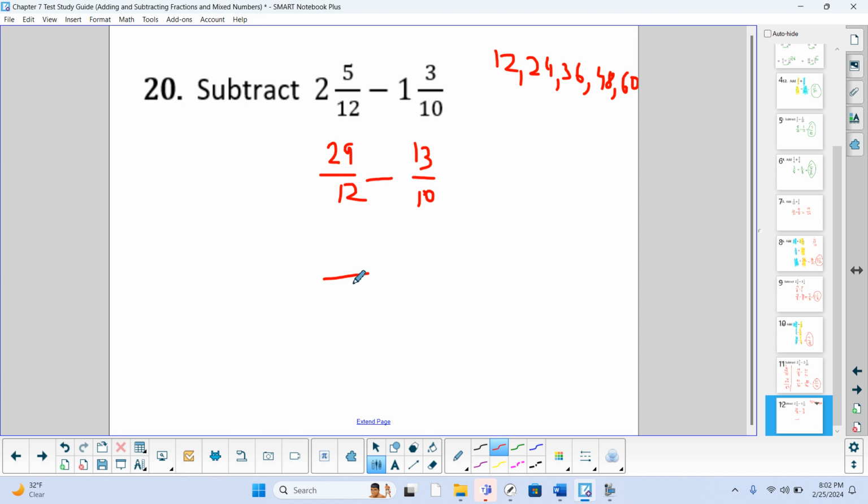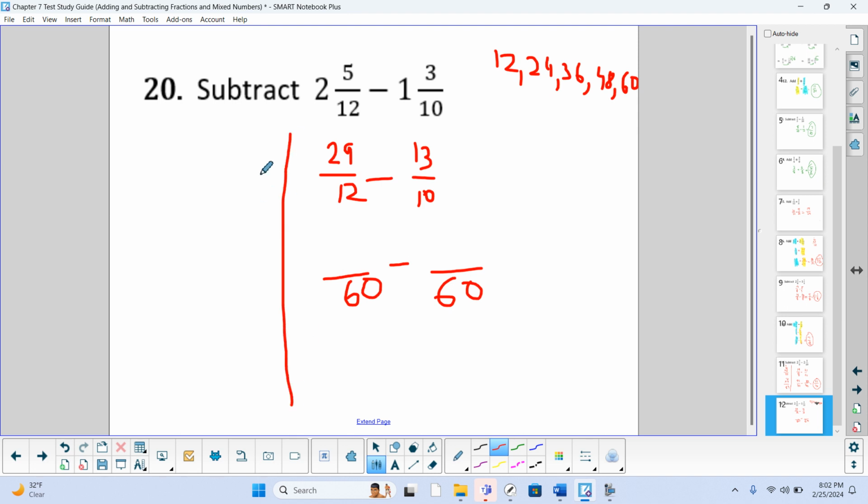So we have something over 60 minus something else over 60. All right, now we've got to figure out what these two somethings are. Well, 12 times 5 gives me 60, so 29 times 5.